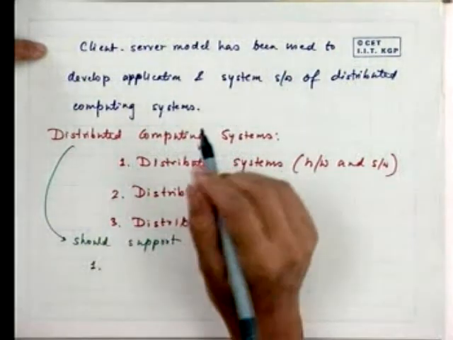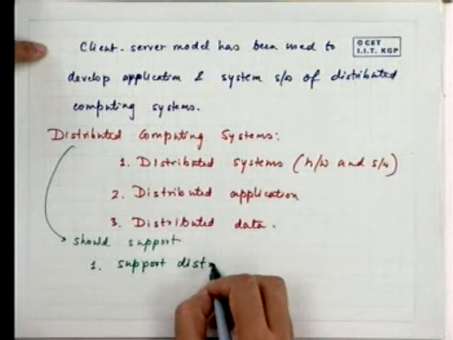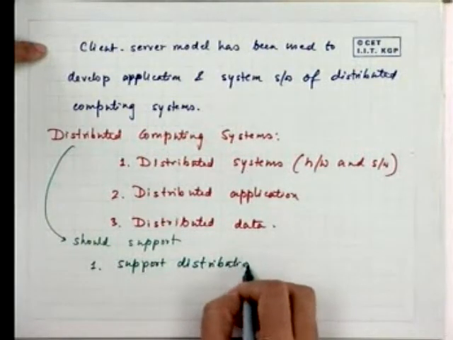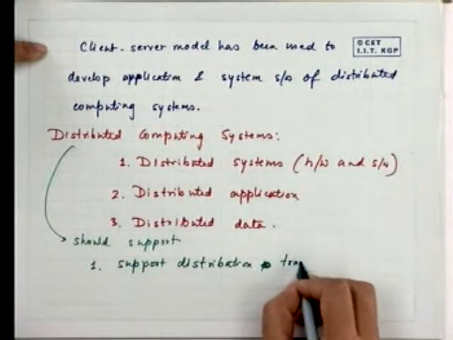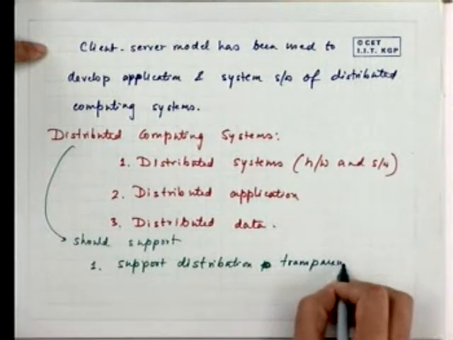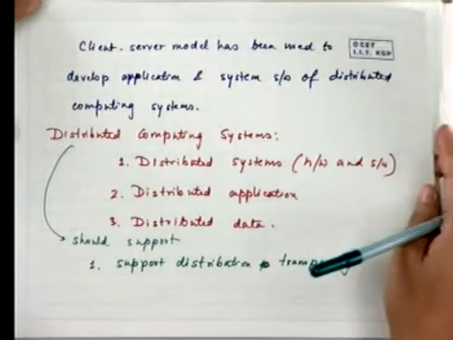Number one, it should support distribution transparency, so that the fact that data and software are not located at a single place does not hamper the programmer or the software system developer.